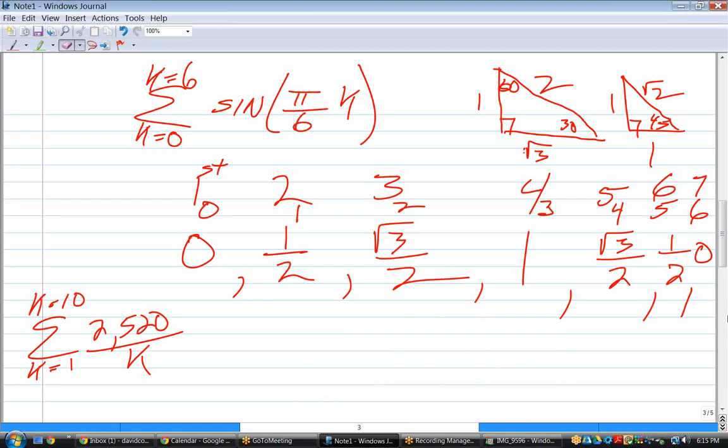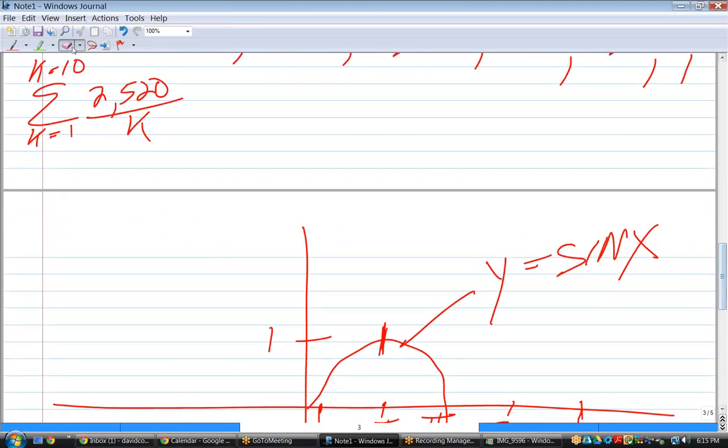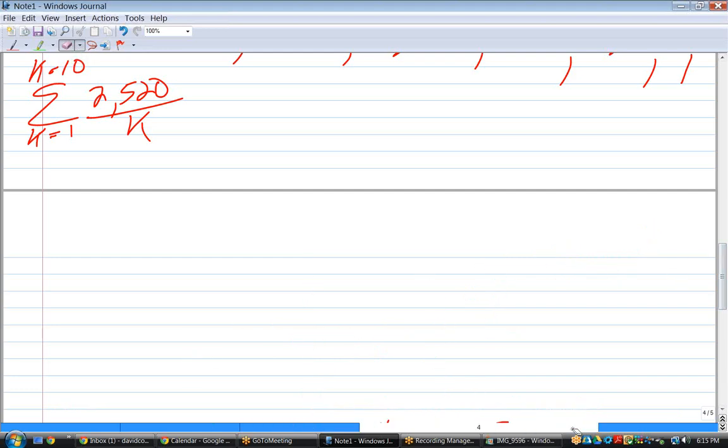How are we going to do this? I personally make a row of numbers for the index variables, so 1 through 10. So we're going to have 10 terms. First term's going to be 2,520.